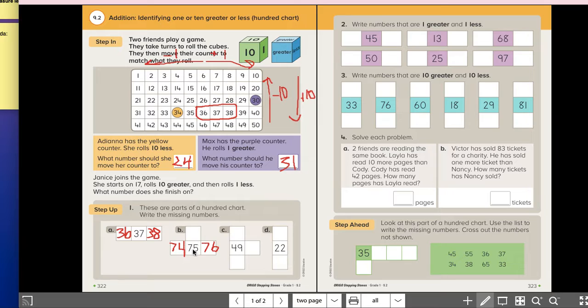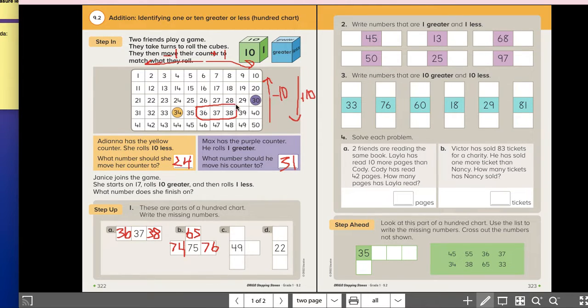And then if we had 10 less, if we went up, we know when we go up, our ones place stays the same. So we know we're going to have a 5. But we're going to have 1 less than 7. So 7 minus 1 is 6. Okay? When you're going up and down, the tens place changes. When you're going left and right, the ones place changes.